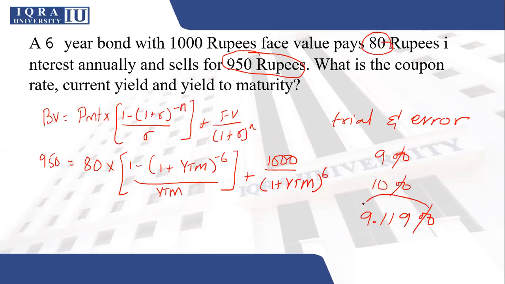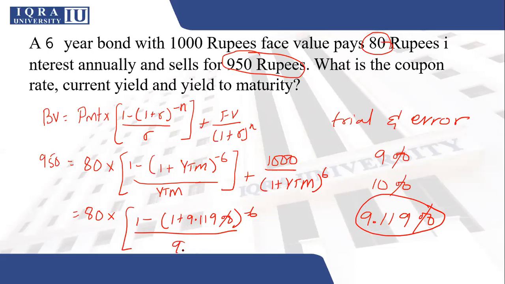So now that we know what the exact answer is, let's see what this means. I'm going to plug in this interest rate over here: 80 times 1 minus 1 plus 9.119% to the power minus 6, over 9.119%, plus 1000 over 1 plus 9.119% power 6.